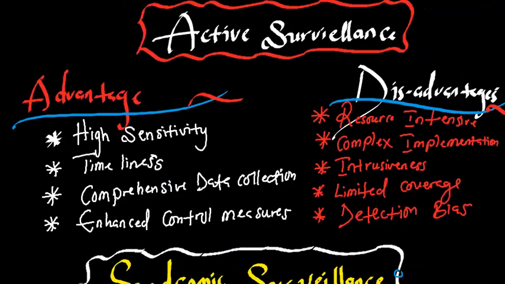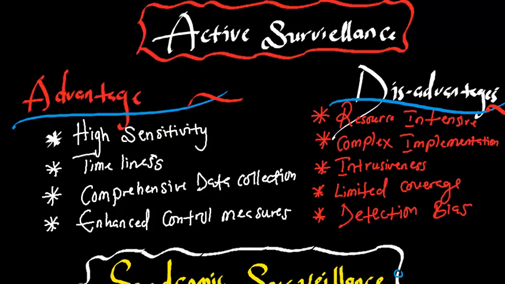Second thing we are going to look at is active surveillance. When we say active surveillance, public health authorities actively seek out and collect data on cases by conducting regular and systematic monitoring through surveys, interviews, and laboratory testing. In simple words, active surveillance fully requires the engagement of medical personnel in the field of work.